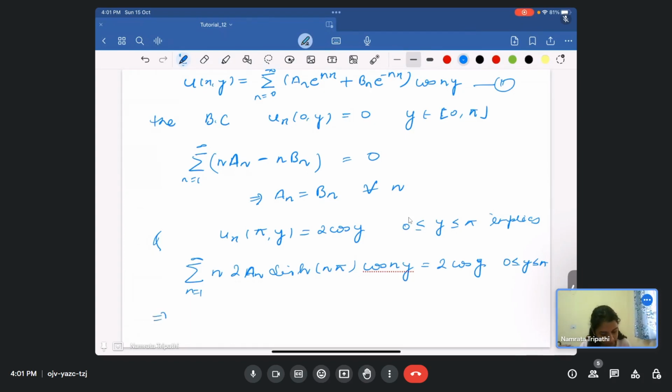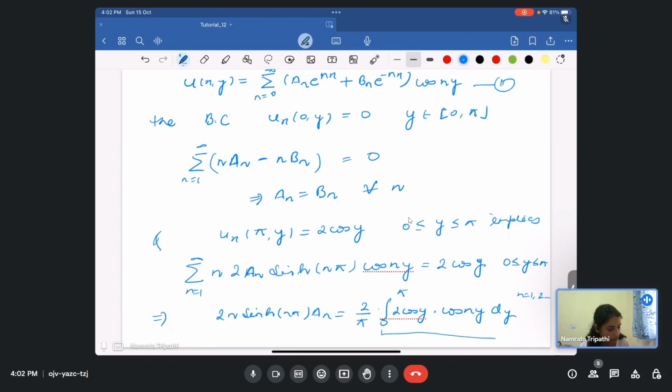So from here we can write the integral from 0 to pi of 2 cos y into cos of ny dy, and the integral of the denominator is 2 upon pi. Fine. So if n is equal to 1, then you will get pi by 2.